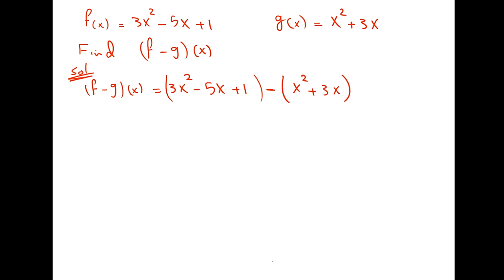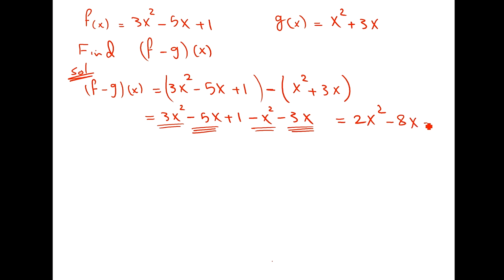This is the g. So we have 3x squared minus 5x plus 1 minus x squared minus 3x. Look at this, we have two terms in x squared: 3x squared minus x squared is 2x squared. Then minus 5x minus 3x gives minus 8x, and one constant 1.